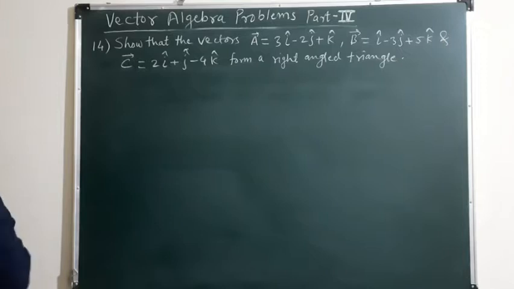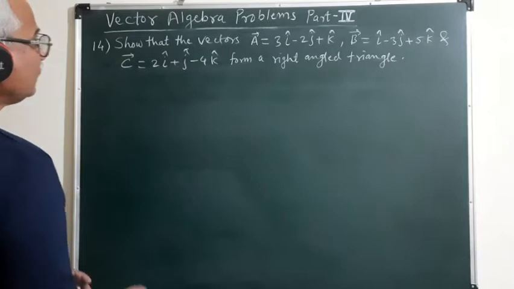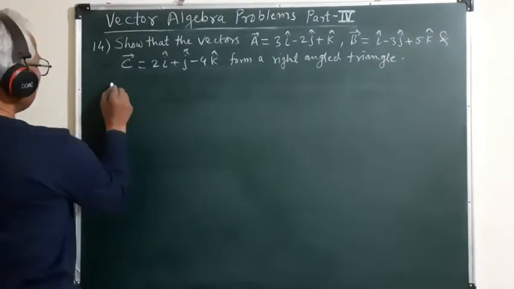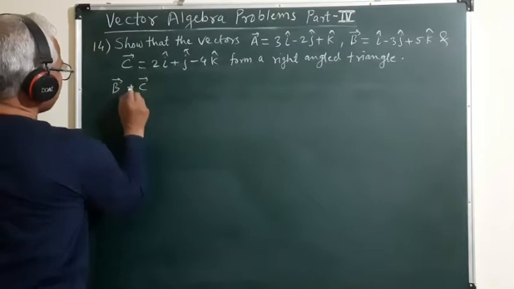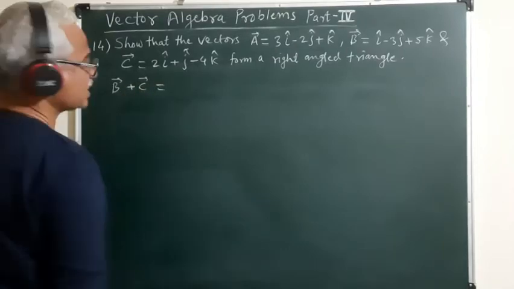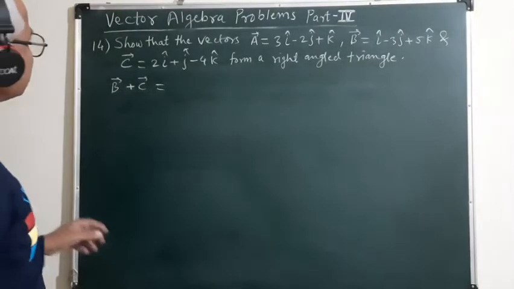So we'll first show that these three vectors form a triangle. For that purpose, let us first evaluate the sum of the vectors b bar and c bar.